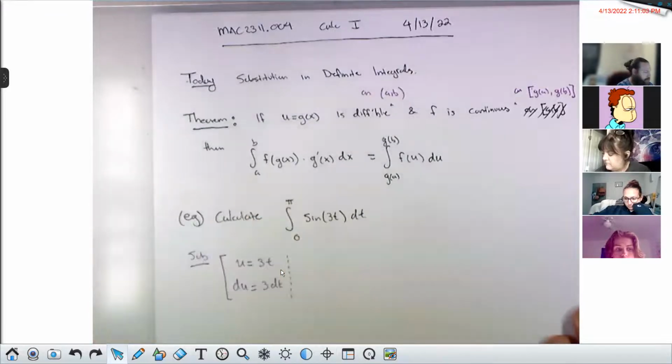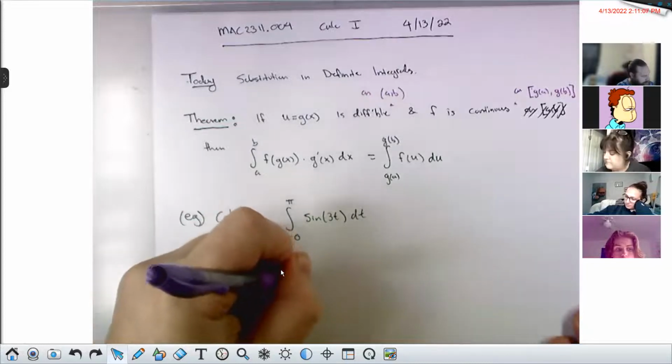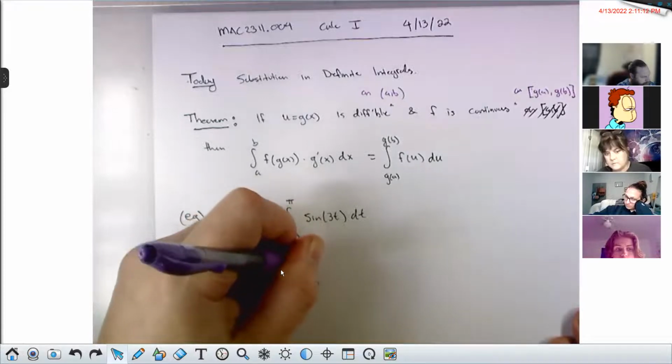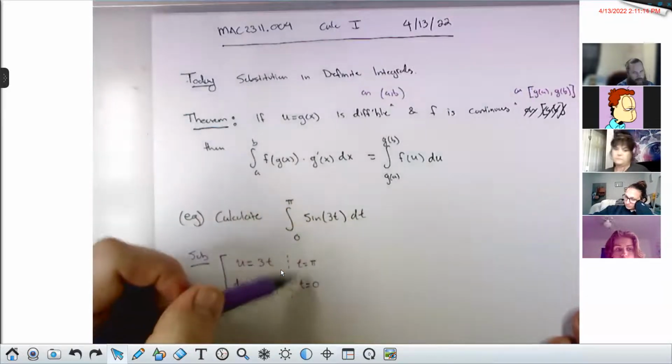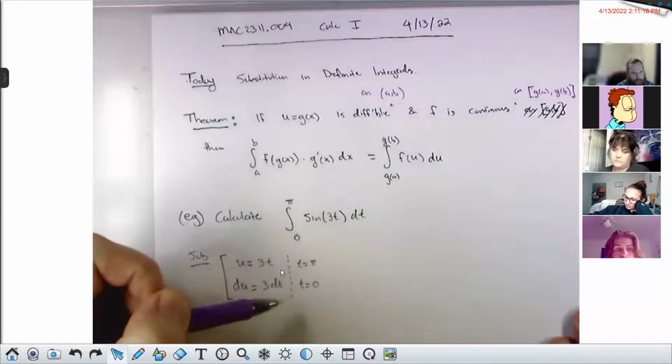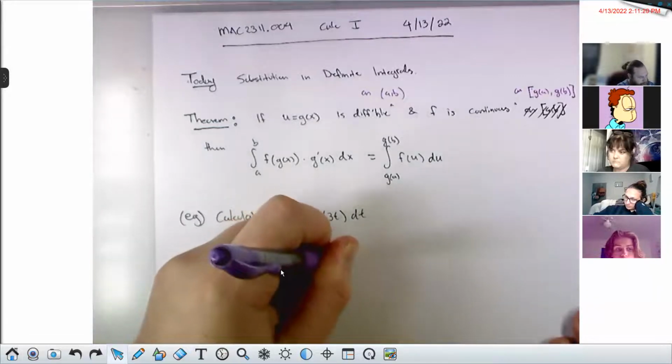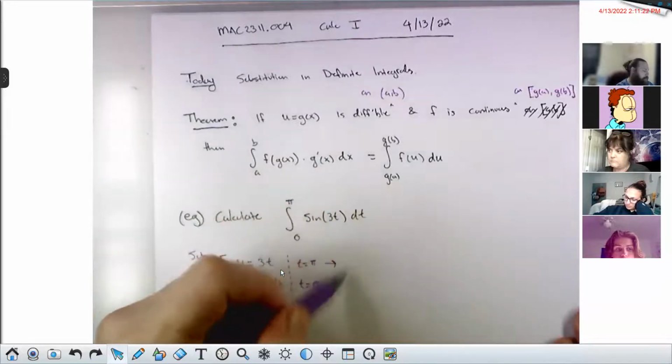The other really important thing here is that we remember to change the bounds. So when I do this, I like to write it like this. My old bounds go here. I put the lower bound down low and the upper bound up here. And then I draw a little arrow. And I'm going to put the new bounds over here.